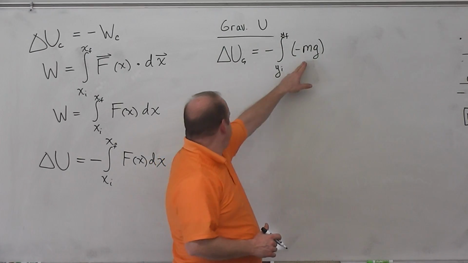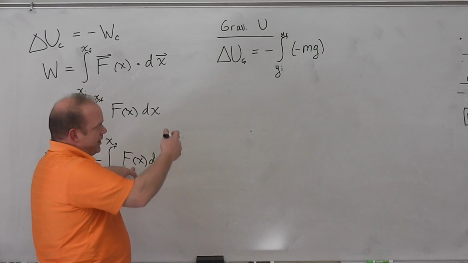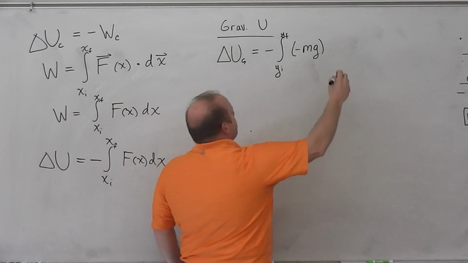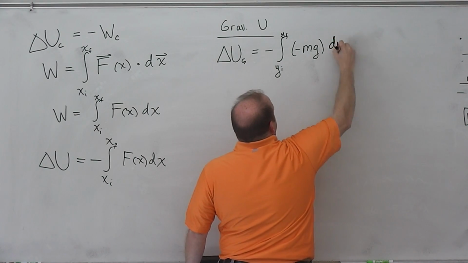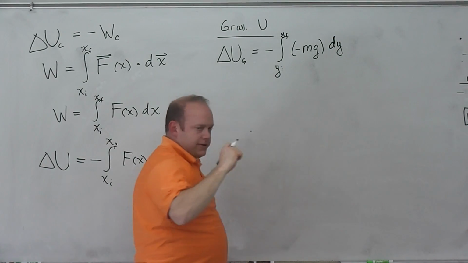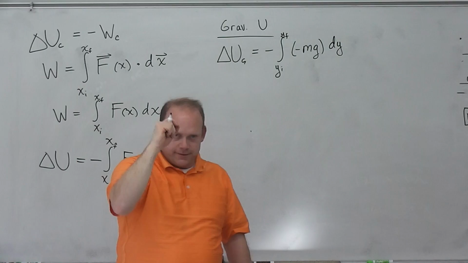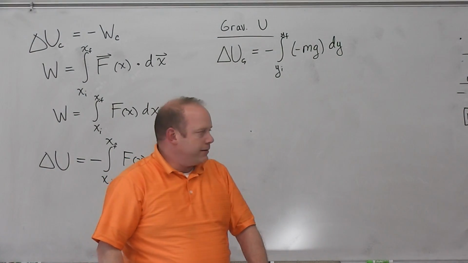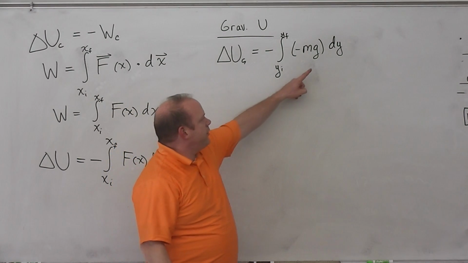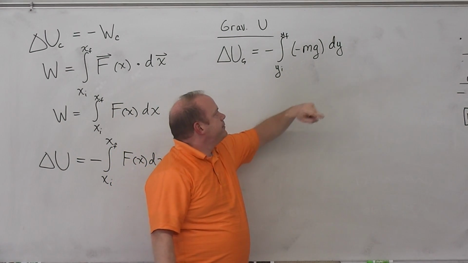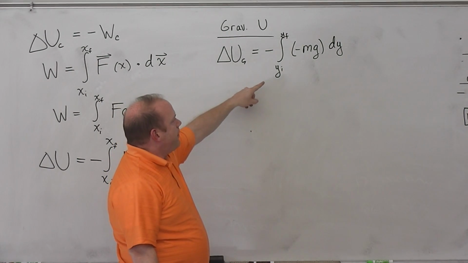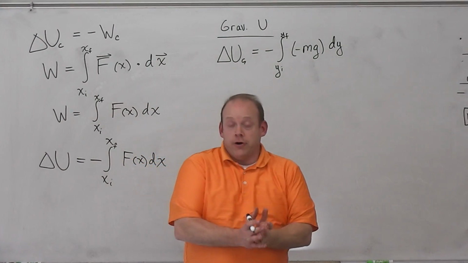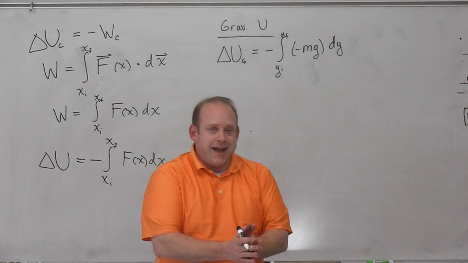So the gravitational force, this Fx, in this case Fy, is pointed downward, dy. And the dy is the incremental change that you have vertically, infinitesimally small increments here.